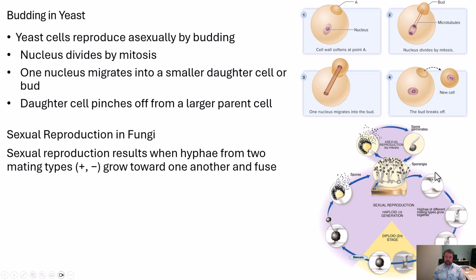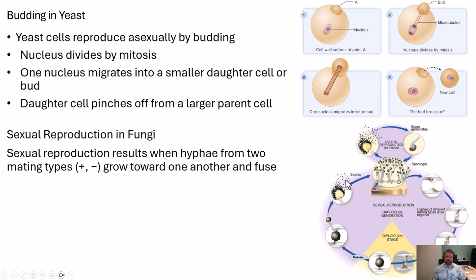So then you go from a haploid organism to a diploid organism, and then that diploid organism would produce a fruiting body, which has spores on it, and then the spores can be released.